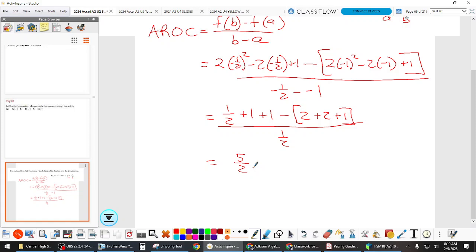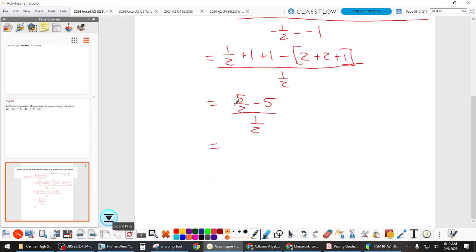Okay, and then minus 2 plus 2 plus 1, so minus 5 over 1/2. Okay, what's 5 halves minus 5? Well, how many halves is 5? So 5 is 10 halves. Okay, so 5 halves minus 10 halves is -5 halves over 1/2.